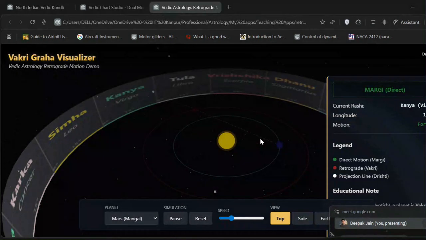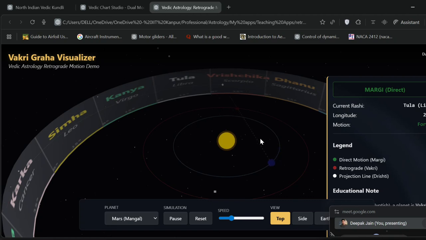First of all, let me give you the definition of retrograde. All the planets always move in one particular direction only. But we are sitting on Earth, and Earth is also moving. Since Earth is also moving clockwise, there comes a time when we feel that the planet is moving opposite.